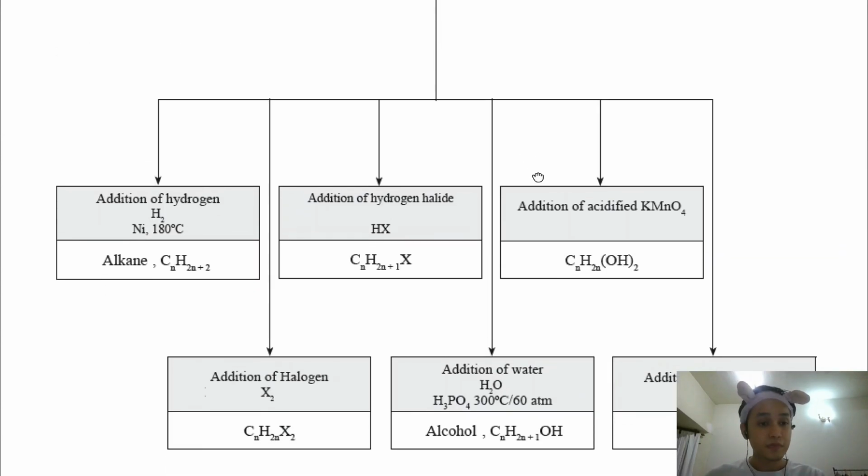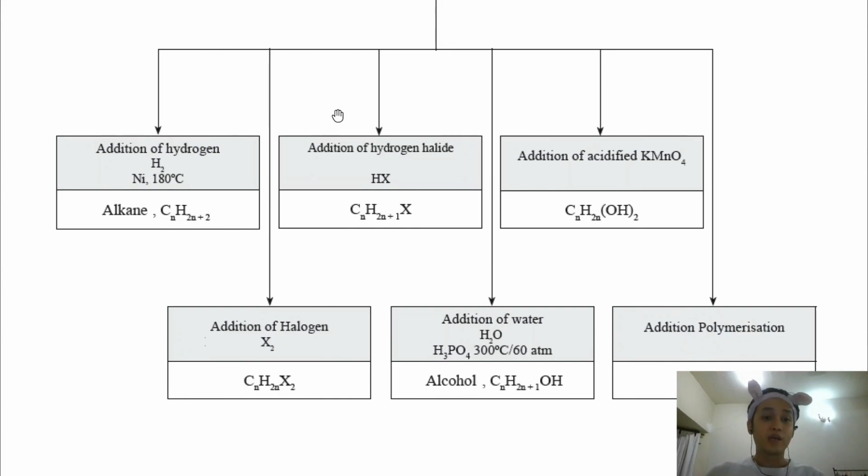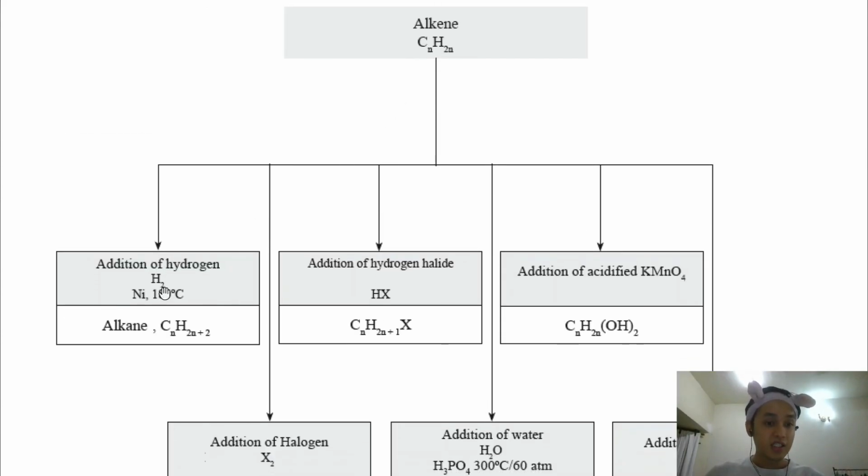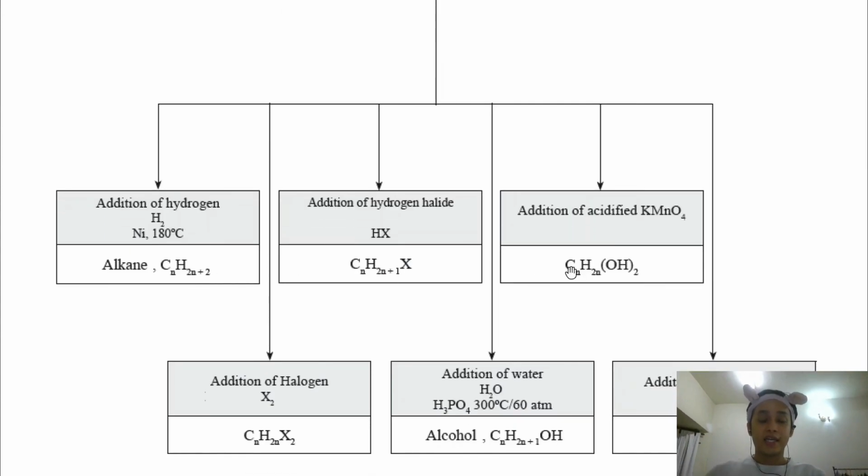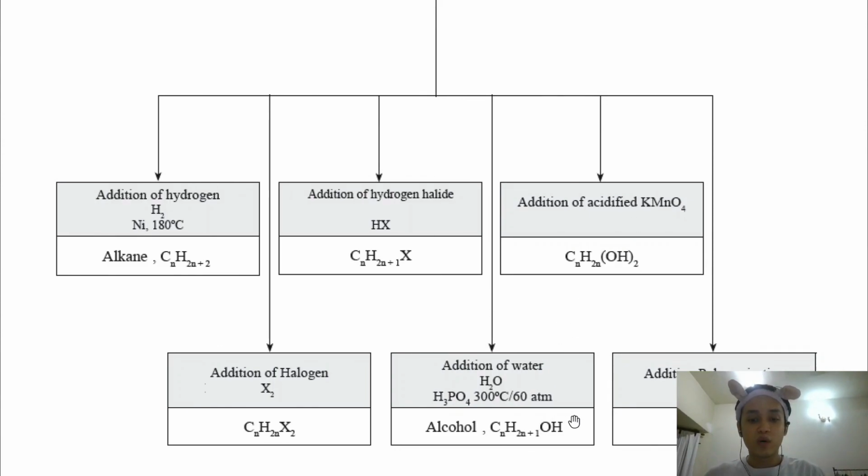If I want to change to an alkane, meaning it's hydrogenation, which is this one. And if I want to change it into an alcohol, I can use either steam or acidified potassium manganate. The only difference between these two is that with this one, I'm only putting in one hydroxyl group. With this one, I'm putting in 2 hydroxyl groups.